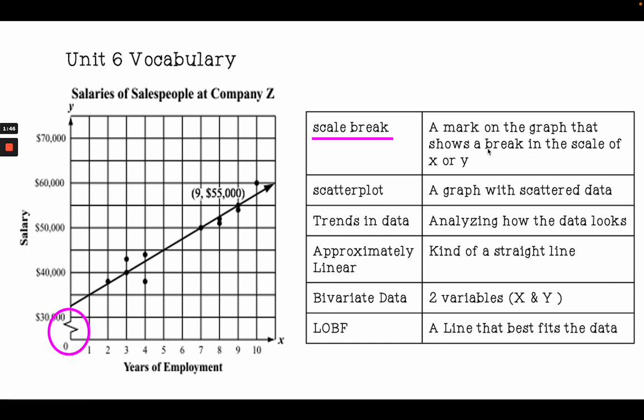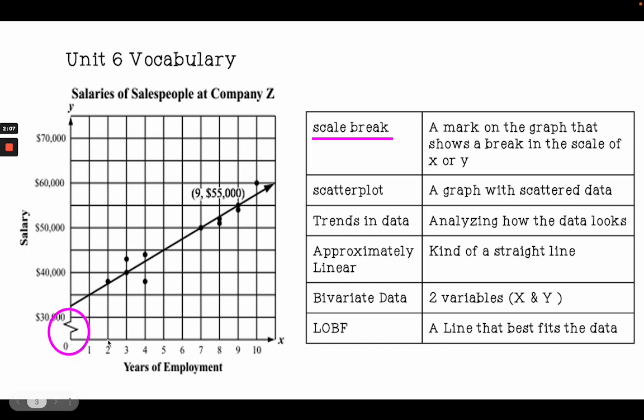So when we're talking about the break in the scale of X and Y, we're talking about the X-axis and Y-axis. The scale is how much it increases on the X-axis and how much it increases on the Y-axis.